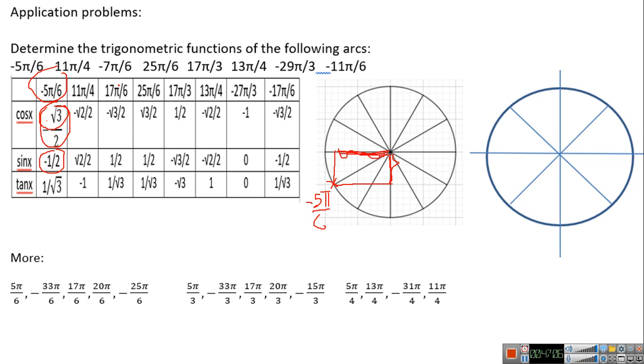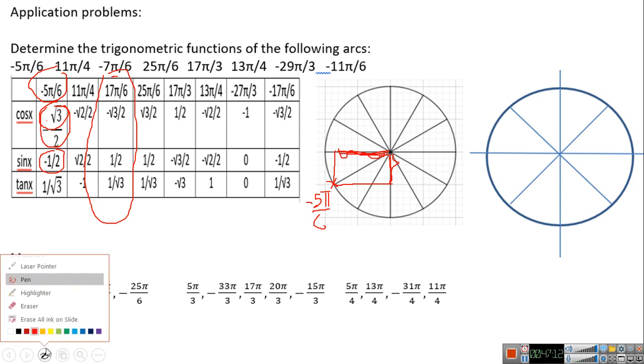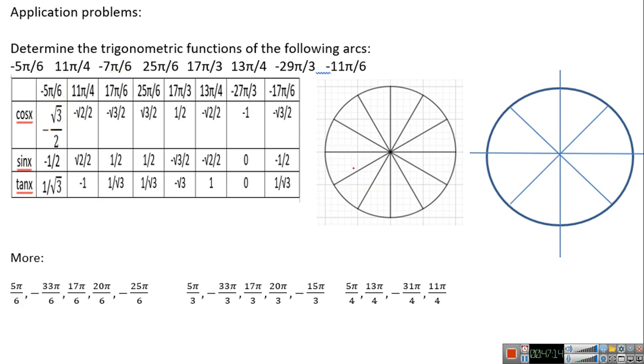I want 17 pi over 6. The circle is 12, 13, 14, 15, 16, this is 17. So I do the rectangle. You can see that this is the sine, the smallest distance, and this is the cosine, the biggest distance.